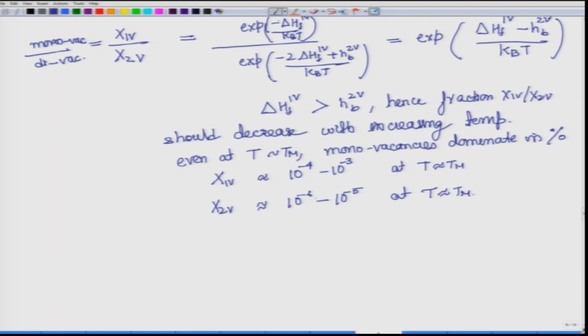What does this say? This says that x2V would be approximately 1% or lower of x1V. So, you can see that still it is the mono-vacancies that dominate. The fraction is not decreasing to the point that di-vacancies start to dominate. It is still a large fraction of mono-vacancies that is present in the system.